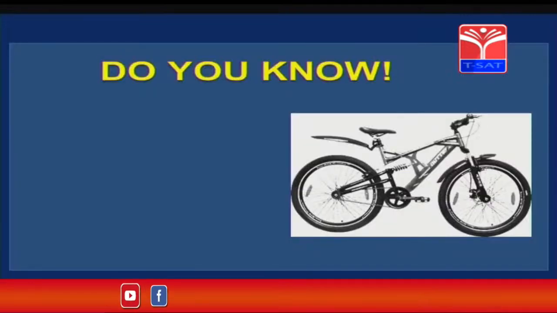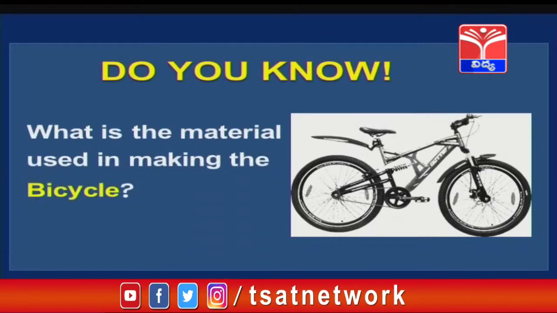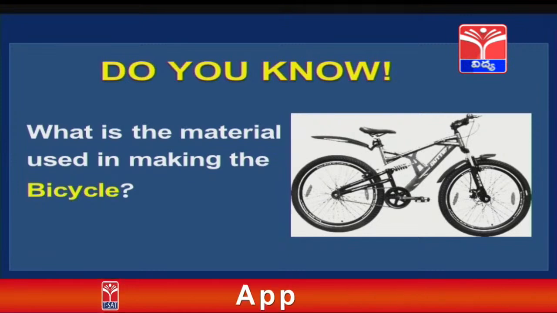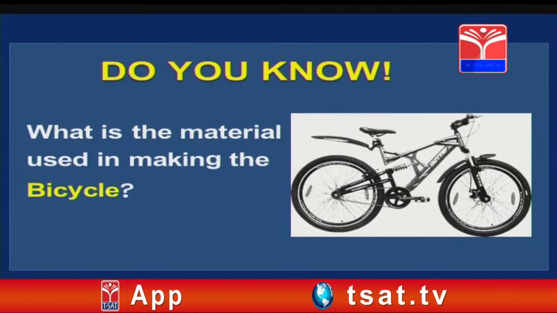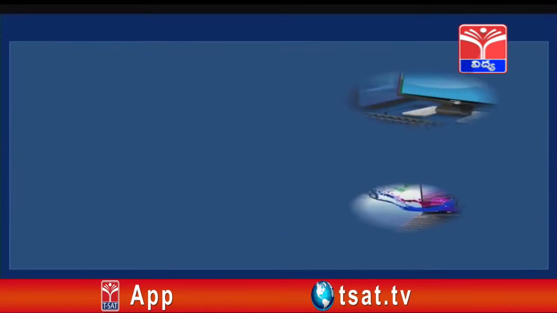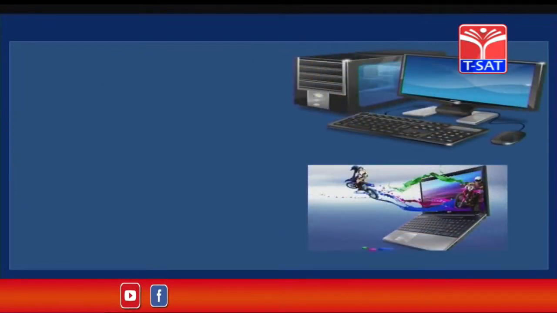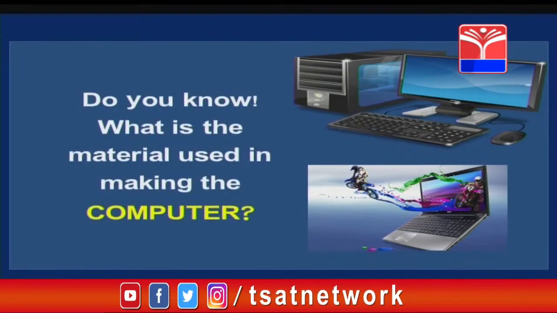Do you know what it is? Yes, it is a bicycle. What is the material used in making the bicycle? Yes, iron, plastic and rubber for tires and tubes. What is this? Yes, it is a desktop computer and laptop.